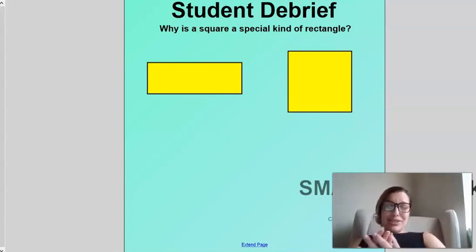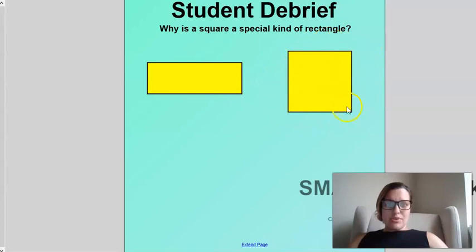So why is a square a special kind of rectangle? Does anyone remember? Let's see. How many sides does it have? Is this a square? No, that's a rectangle because it has the 2 long sides and the 2 short sides. Let's look over here, though, at our square. Why is it so special? Why is it still a rectangle?